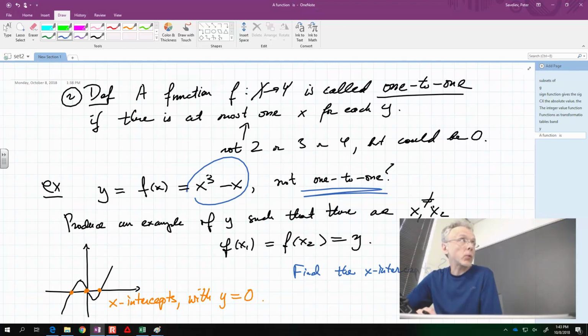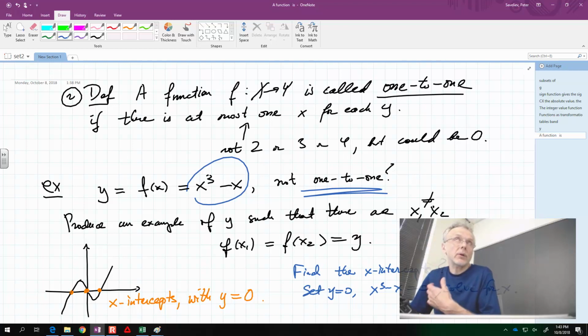Well, we know that y is 0. We set up a certain equation. What is the equation? We set y equal to 0, but y is x cubed minus x. So x cubed minus x is 0, and that's what we solve. And we solve for x.